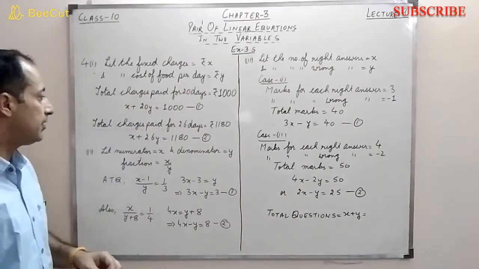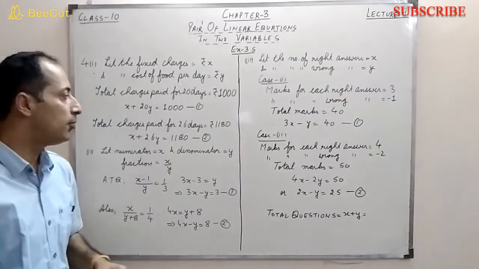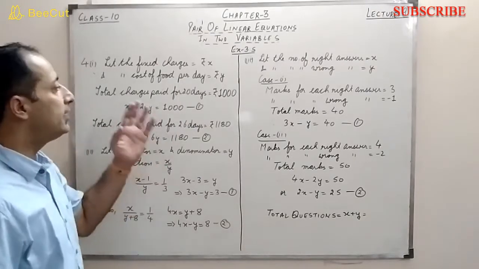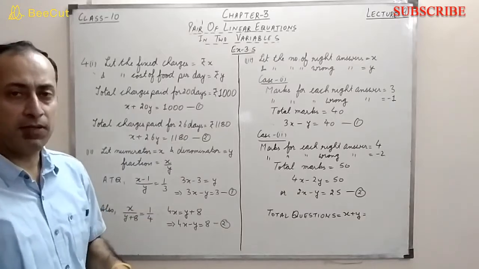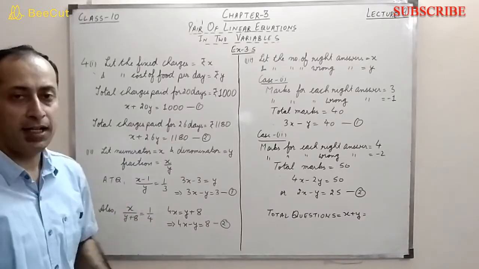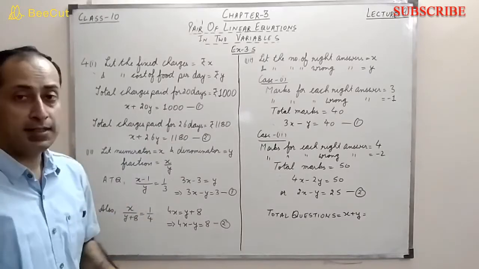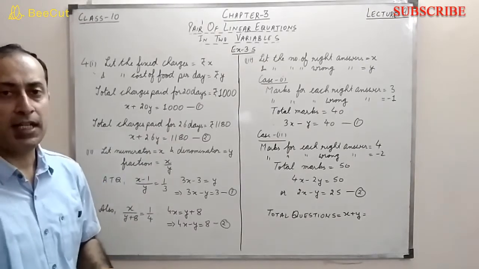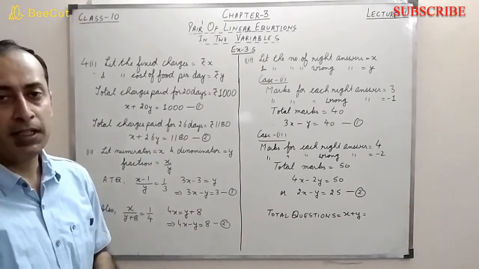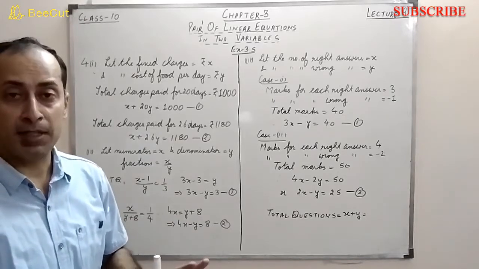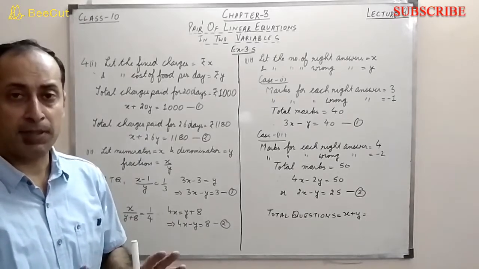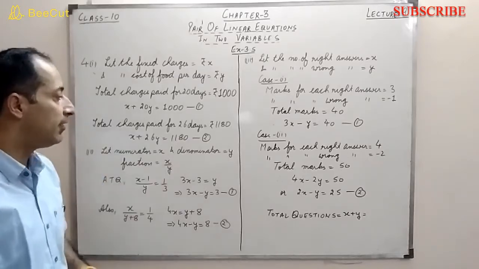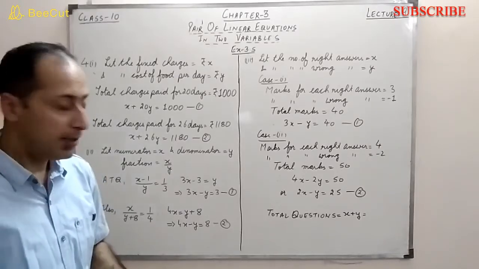Similarly, our second equation: total charges paid for 26 days is rupees 1180, and proceeding the same way, we can write X plus 26Y equals 1180. Now you can simplify the two equations by any algebraic method: substitution method, elimination method, or cross multiplication method, right?